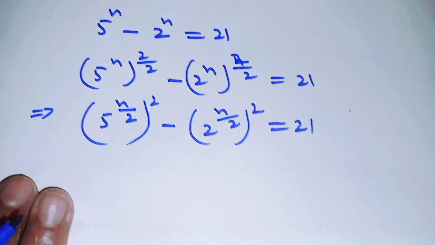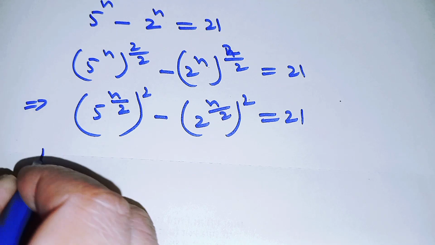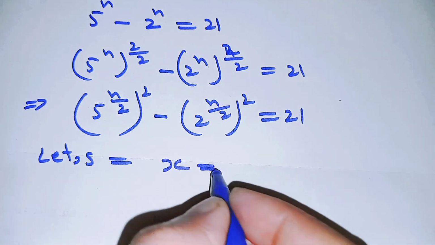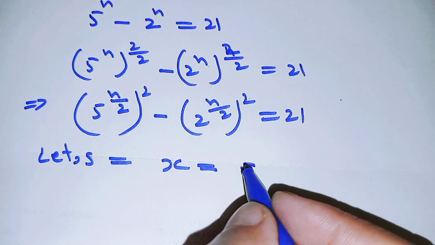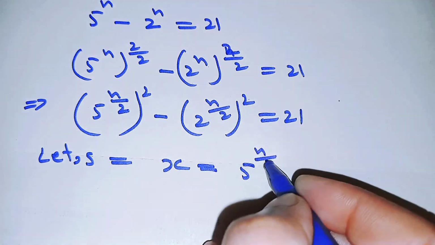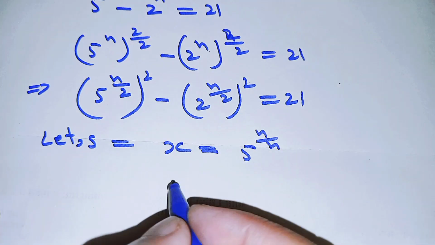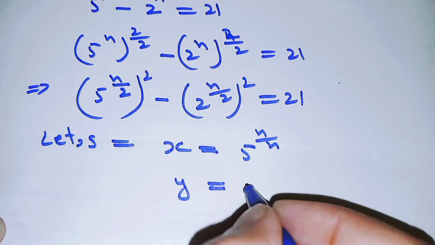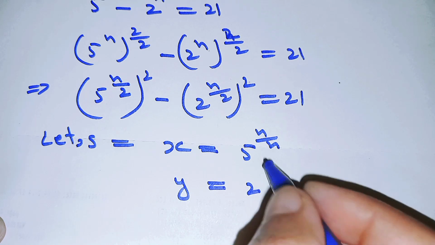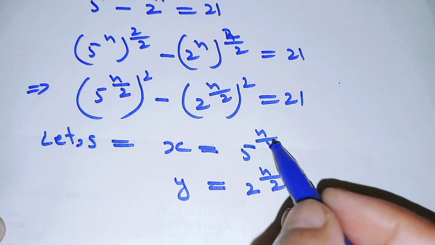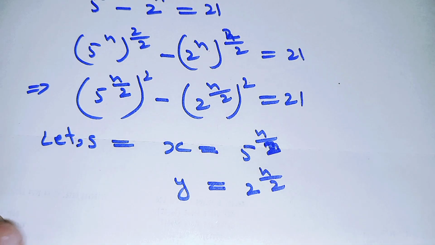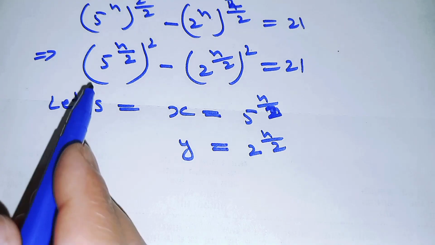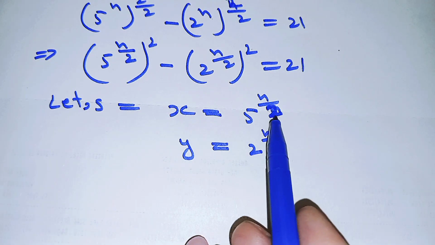Again, let's suppose x is equal to 5 to the power of n over 2, and in the same way y is equal to 2 to the power of n over 2.